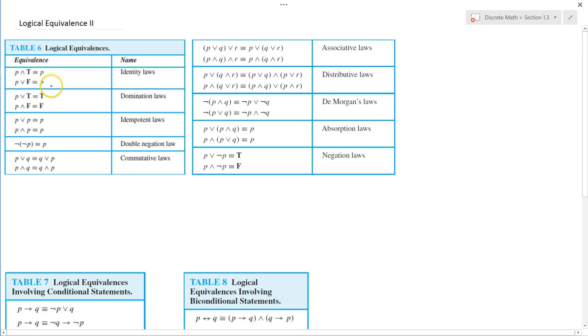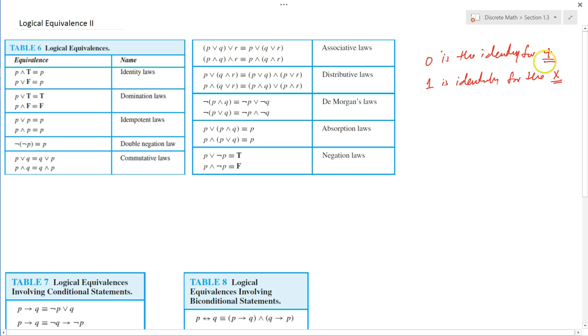And in the same way, in regular algebra, 1 is the identity for the multiplication operator, and we know that 0 is the identity for the addition operation.